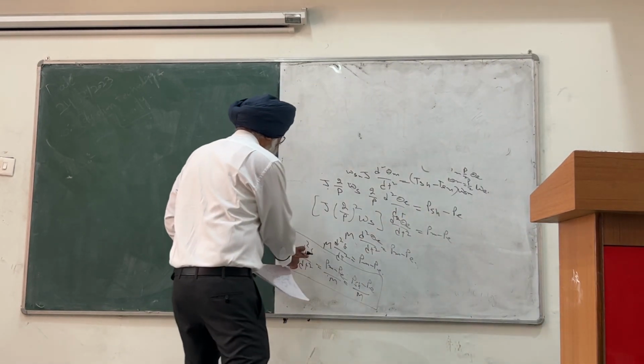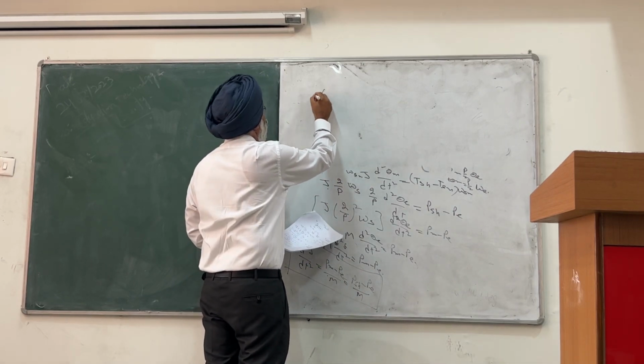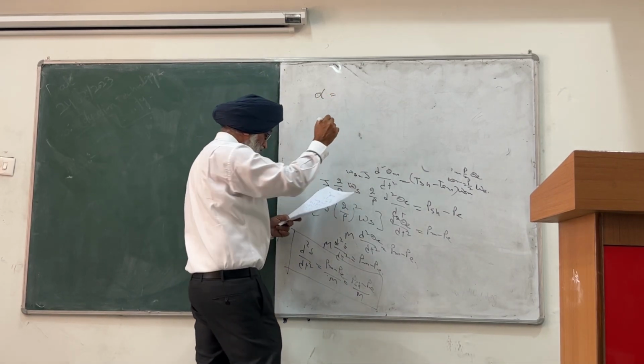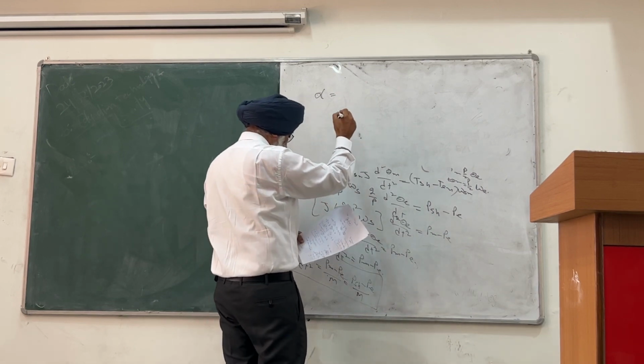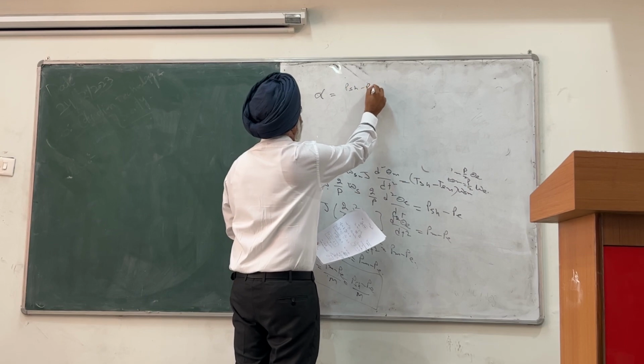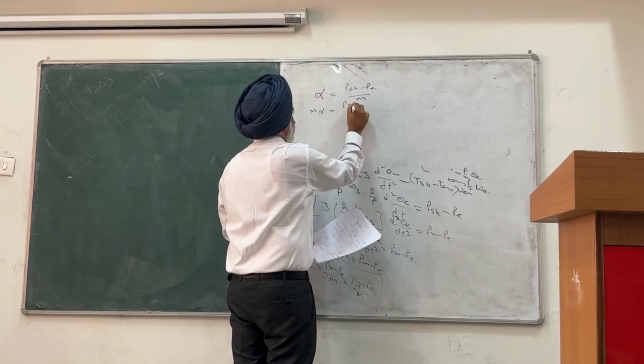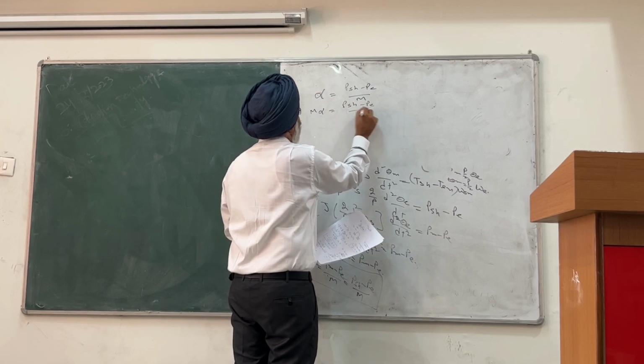So alpha is equal to d square delta by dt square, equal to Psh minus Pe divided by M.